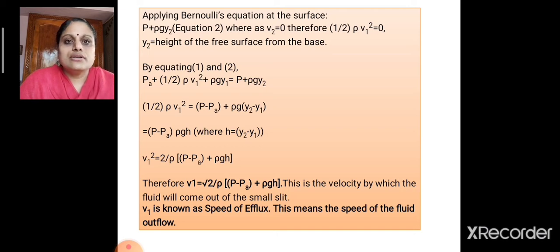Rearranging the equation, we get half rho V1 square is equivalent to P minus PA plus rho G into Y2 minus Y1.